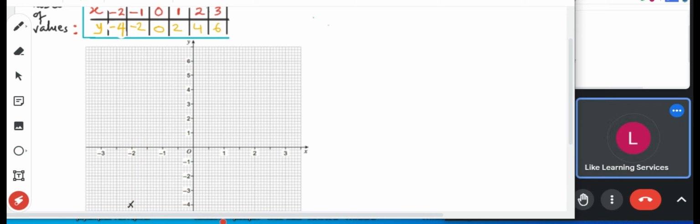Go on. When x is minus 1, y is minus 2. When x is 0, y is 0. That's what we call the origin. When x is 1, y is 2. When x is 2, y is 4.